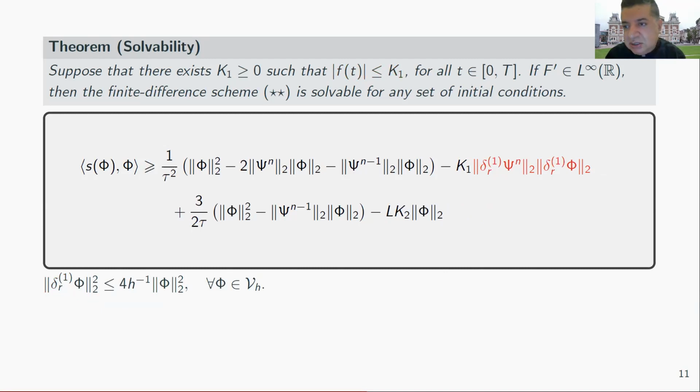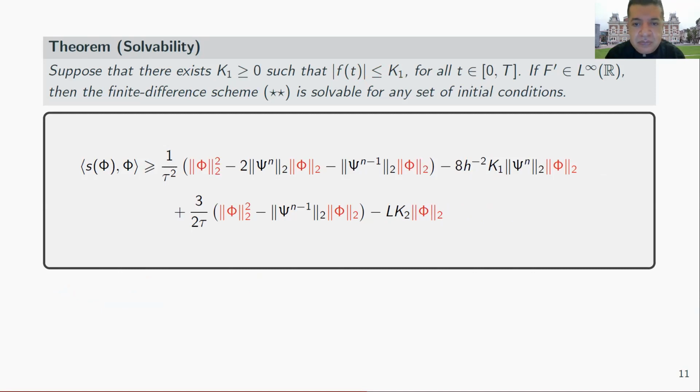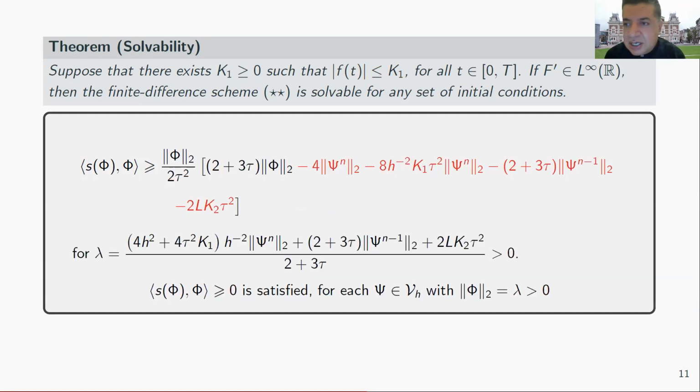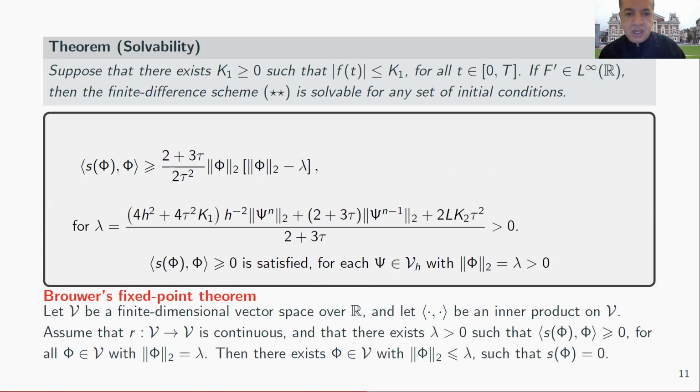And this inequality is well known, so we use it. And rearranging terms, we can associate the red terms with the parameter lambda, and we use the Brouwer fixed point theorem, and the theorem is proved.